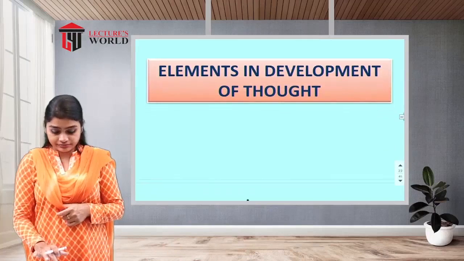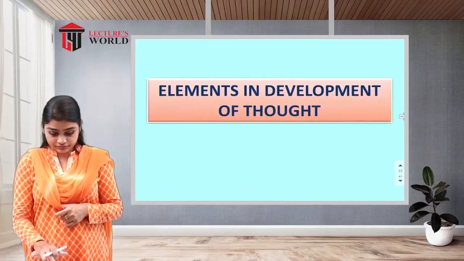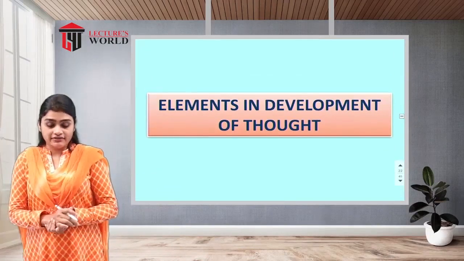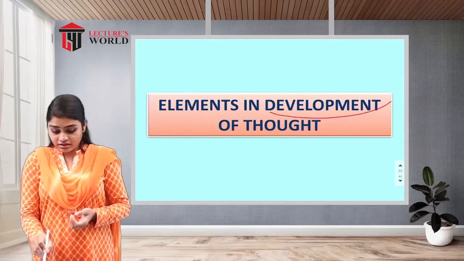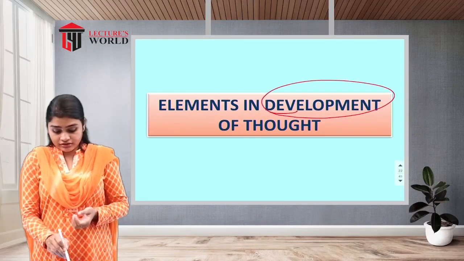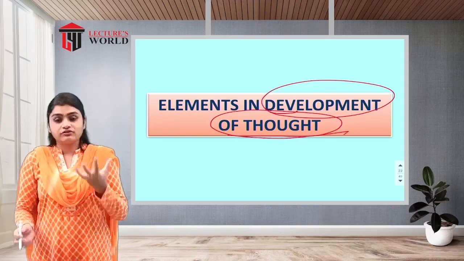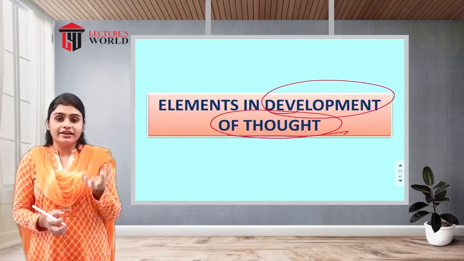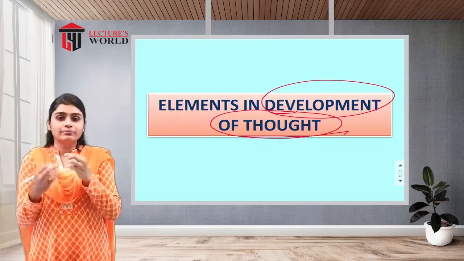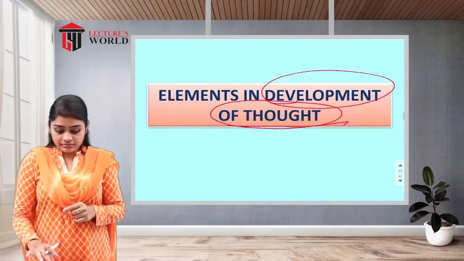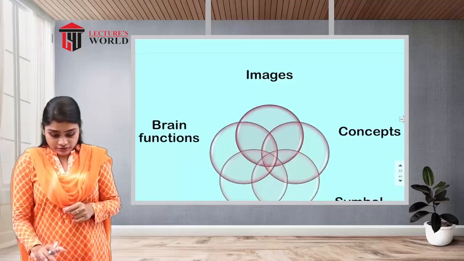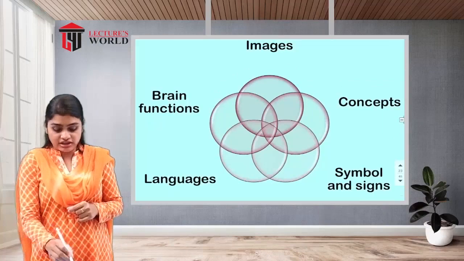After that, next we have elements in development of thought. So what are the components or elements which are involved in developing thought? We have some elements. The first one is images.